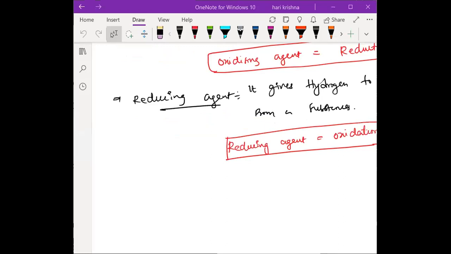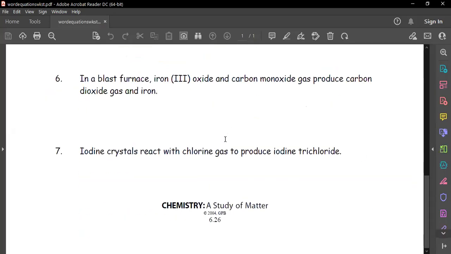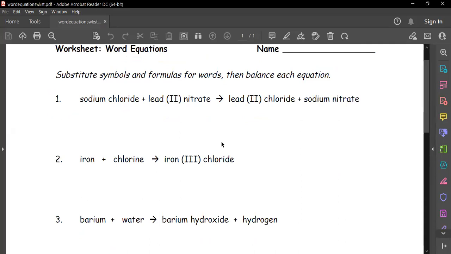Can you see the screen now? Yes, sir. Now can you write the formulas for this? We can't play the quiz now, so I'm only taking the worksheet and giving you the homework. You write the answers in your notebook, type them in the chat box and send them to me.